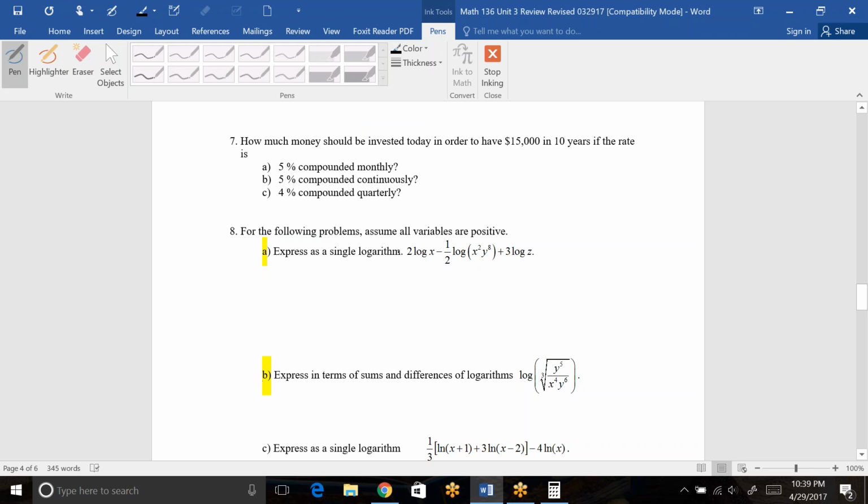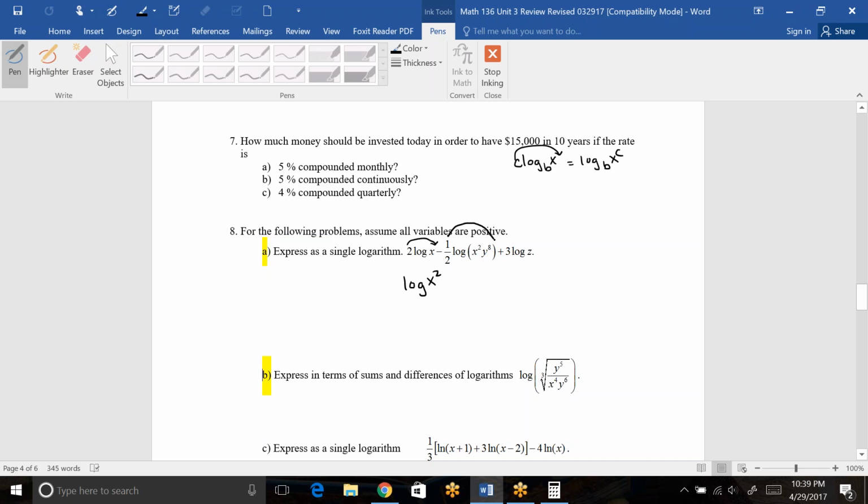So when you're trying to write them as one log, the first thing you want to do is take any power and put it back on the argument. Remember, that was our little property that says if you have a coefficient out front, it goes back on the argument as a power. So this would be log of x squared, since that's base 10.